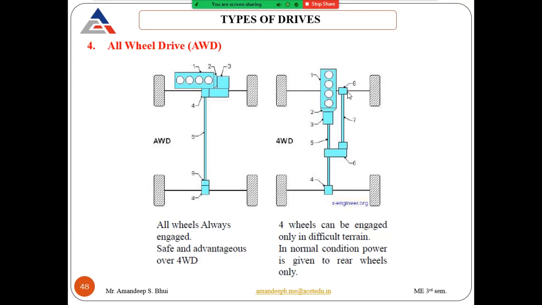So in four-wheel drive, you have the option of transmitting power to all four wheels, or if you don't want to, only the rear wheels will be engaged. But in the case of all-wheel drive, all four wheels are given power all the time. So this is the main difference between all-wheel drive and four-wheel drive.